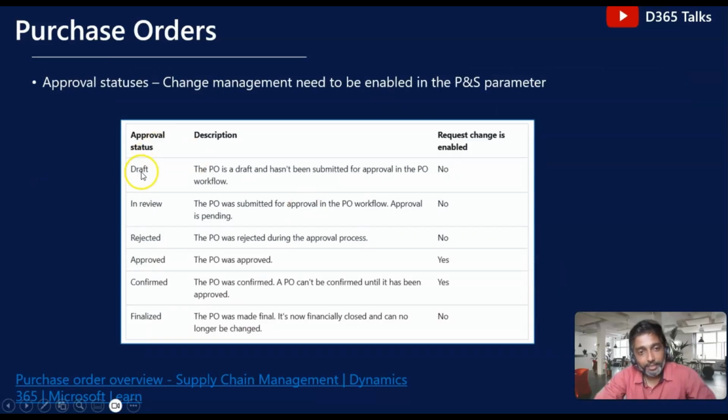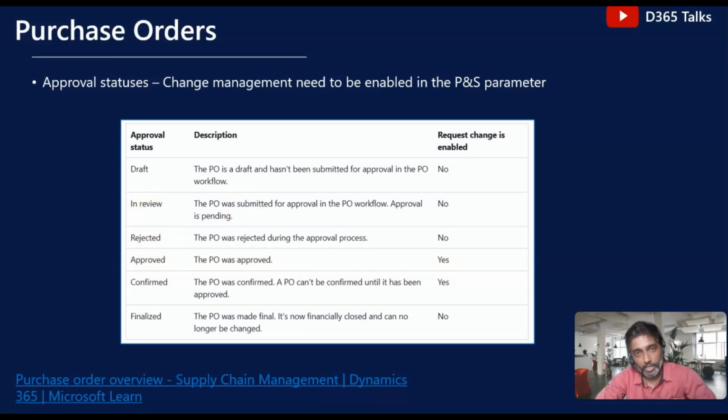Draft is used when the purchase order hasn't been submitted for approval in the PO workflow. Only when workflow is used and change management is activated can you see the draft status. Otherwise, generally the purchase order by default will be in the status of approved. It will be in review when the purchase order is submitted for approval.